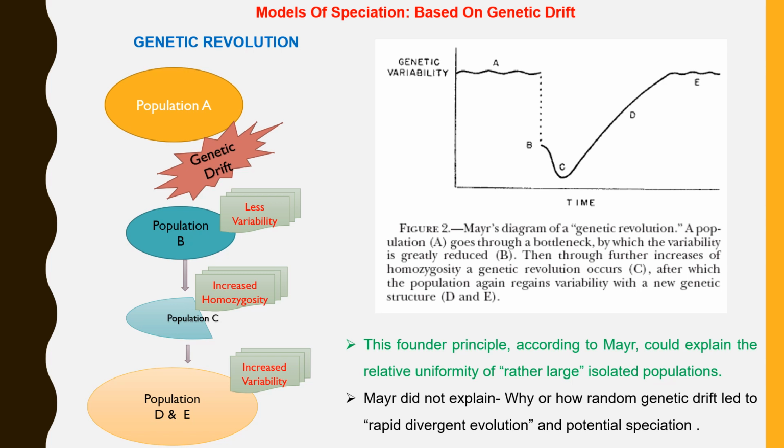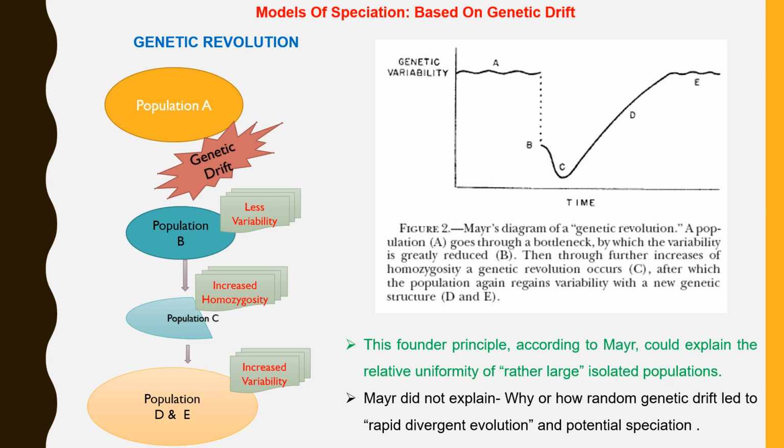As time passes, other evolutionary forces like mutation and recombination act on this population, increasing the genetic variability. Genetic revolution is driven by natural selection, and certain alleles get fixed in the population.